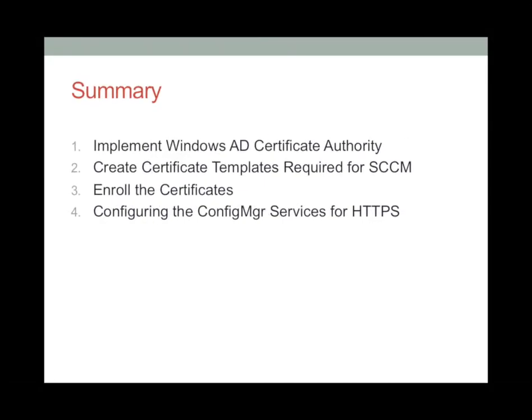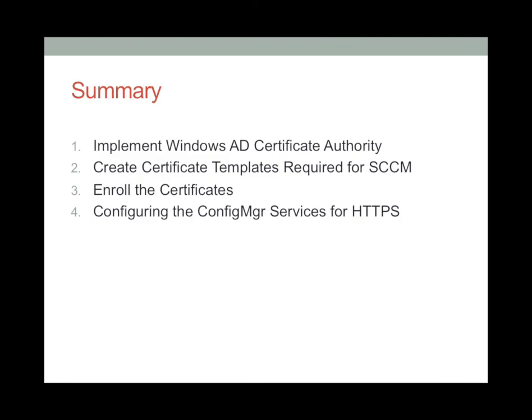Okay, in summary, if we intend to implement HTTPS on our configuration manager environment, we need to remember these four major steps. First, we need to implement our Windows Active Directory certificate authority. Then we need to create the required certificate templates for configuration manager.